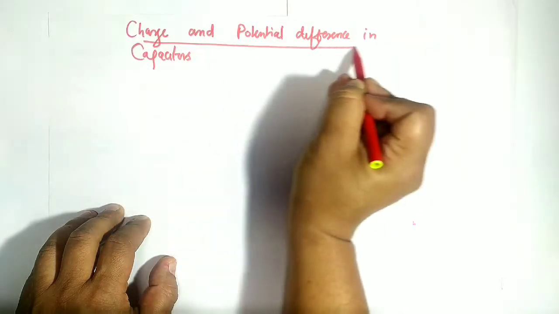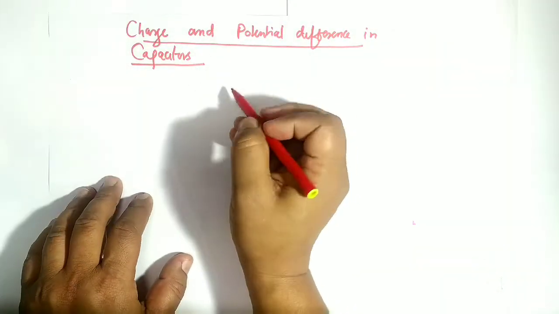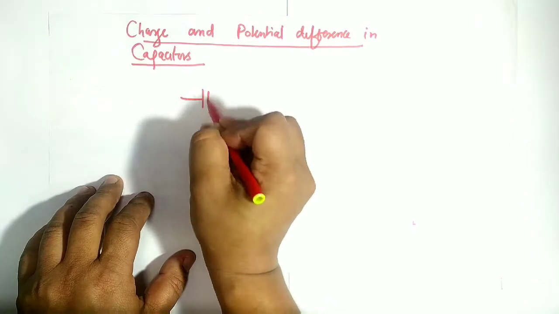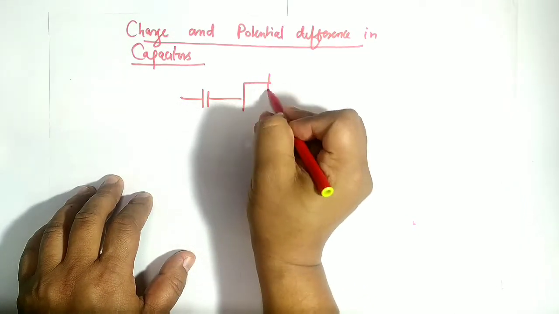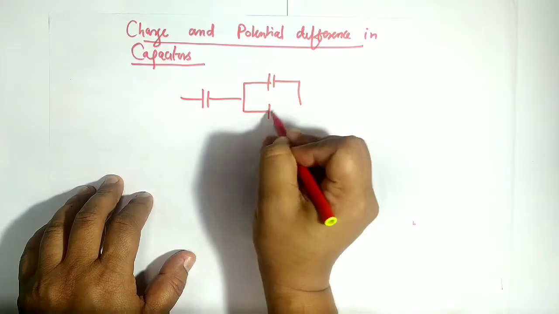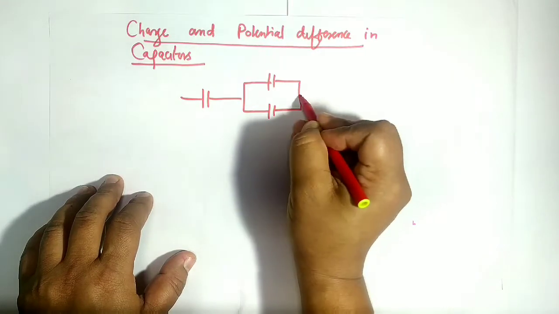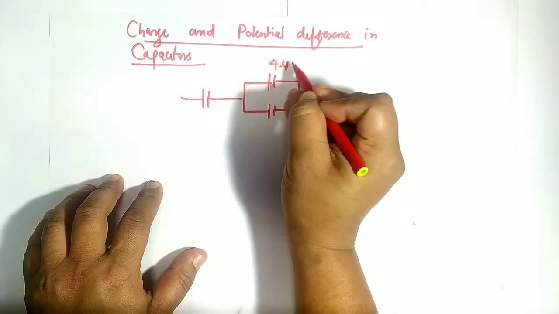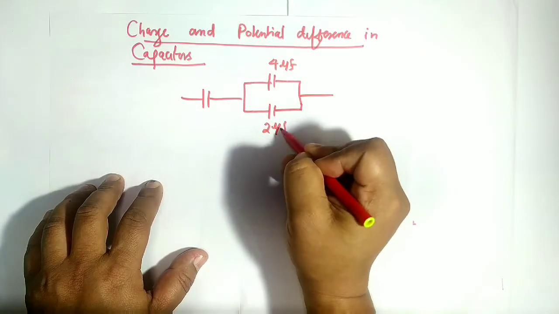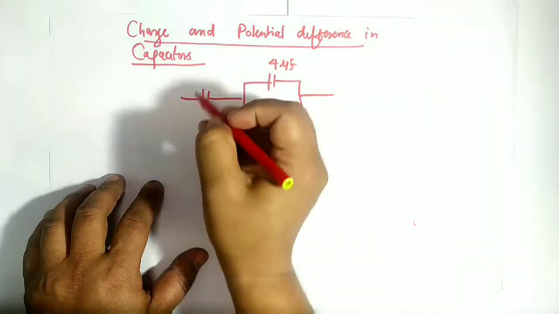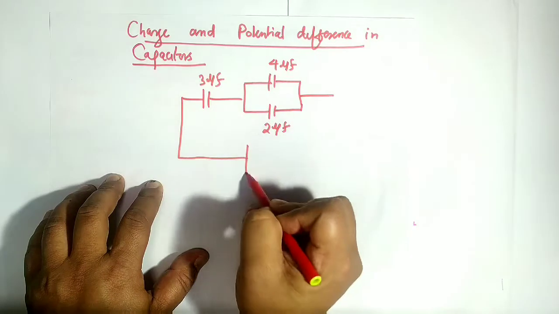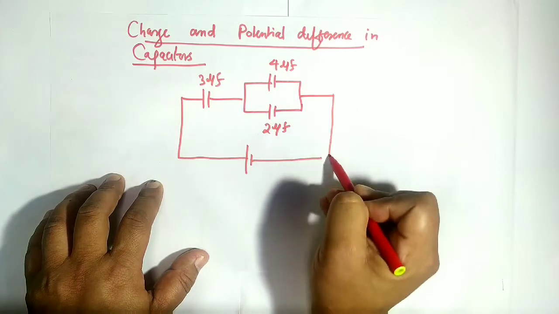I will give you an example of how to calculate it. Say there are three capacitors given here, one of 4 microfarad, one of 2 microfarad, and one of 3 microfarad, and there is a battery of say 12 volt.